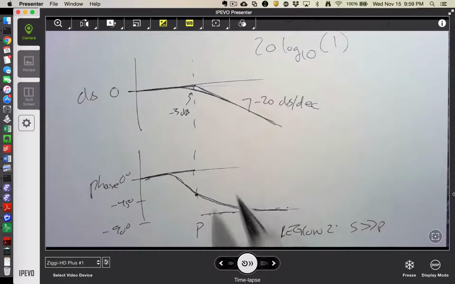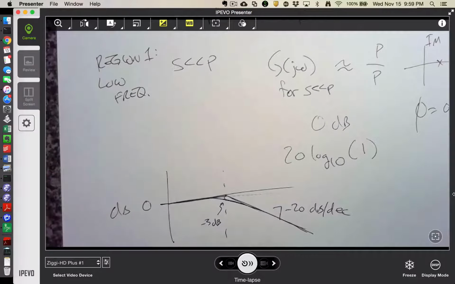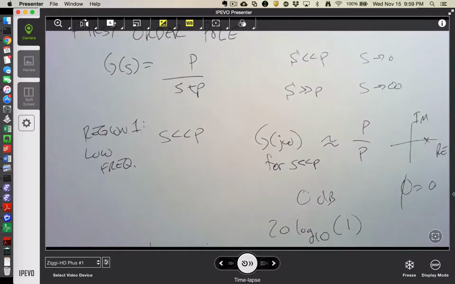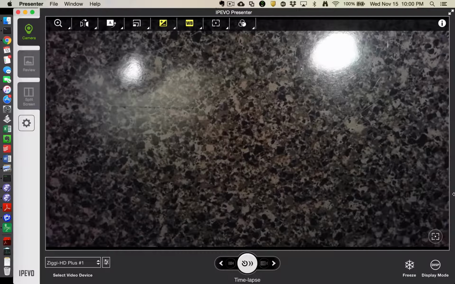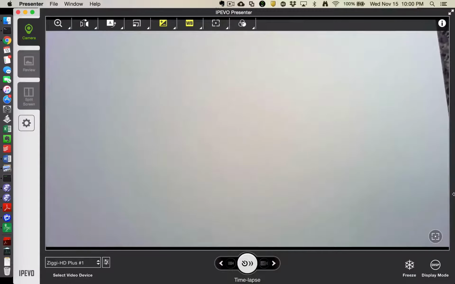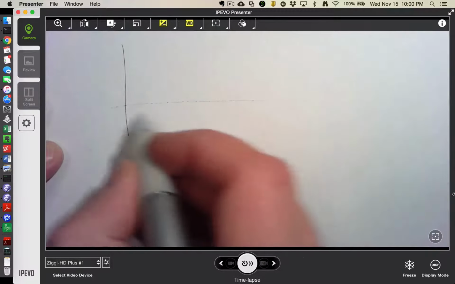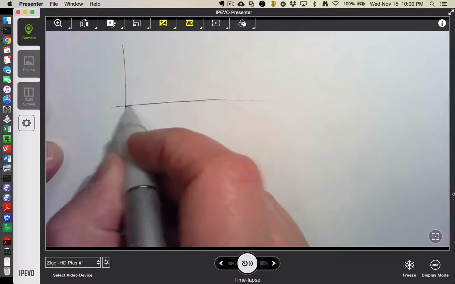The first order 0 essentially flips that upside down and flips the phase upside down. In the same way that the first order pole acts like a constant at low frequencies and then an integrator at high frequencies, the 0 acts like a constant at low frequencies and then a differentiator.